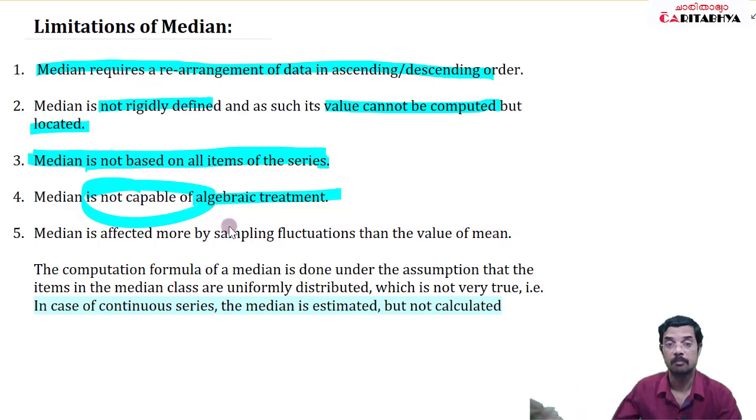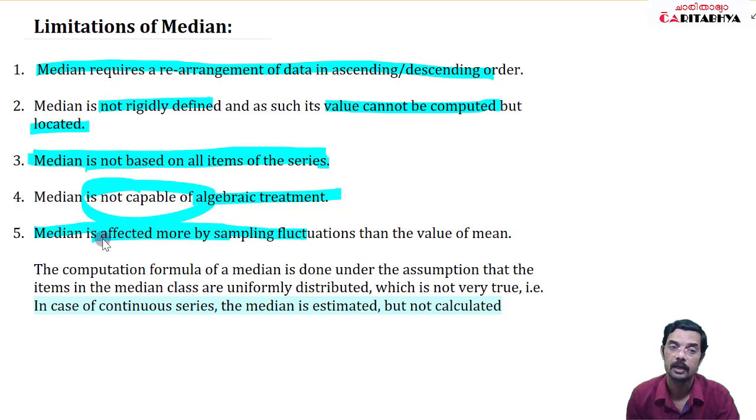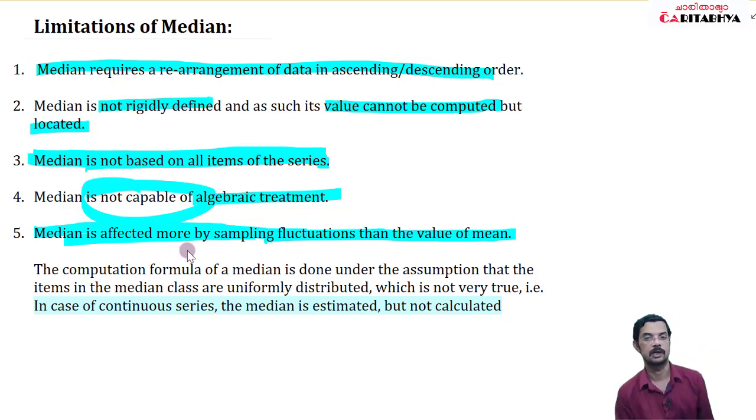If the sample changes, the median may not change accordingly, so the analysis may be affected, and you cannot get the correct measure of central tendency if you choose median. Mean is not affected by sampling fluctuations. We have studied these things.